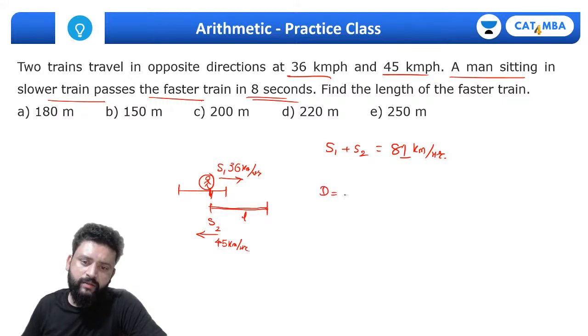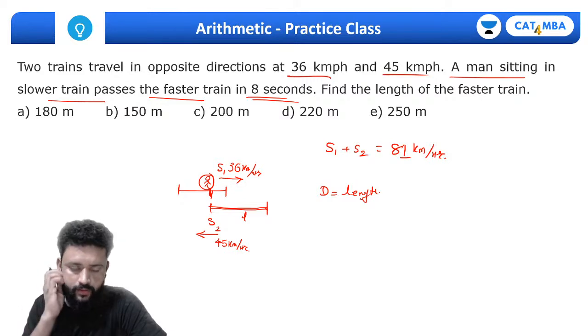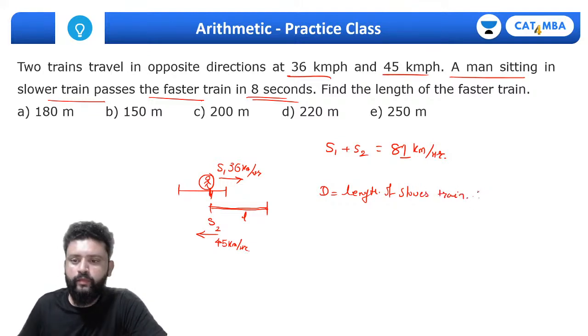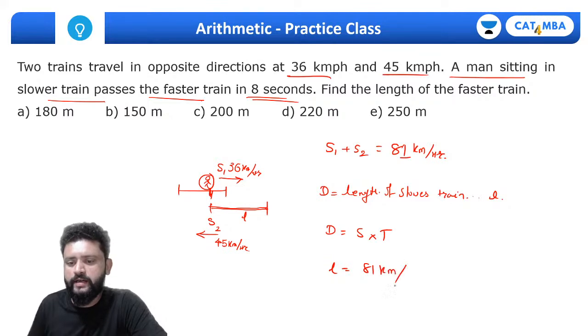So distance traveled must be the length of the train, which is L, and we know distance is speed into time, so L must be equal to 81 km per hour into 8 seconds.